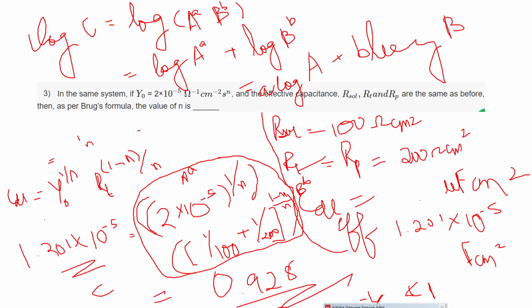So minus 1 is also a case. For it to replace a pure capacitor, the value has to vary between 0 and 1. That will be the range for it to behave like a pure capacitor.